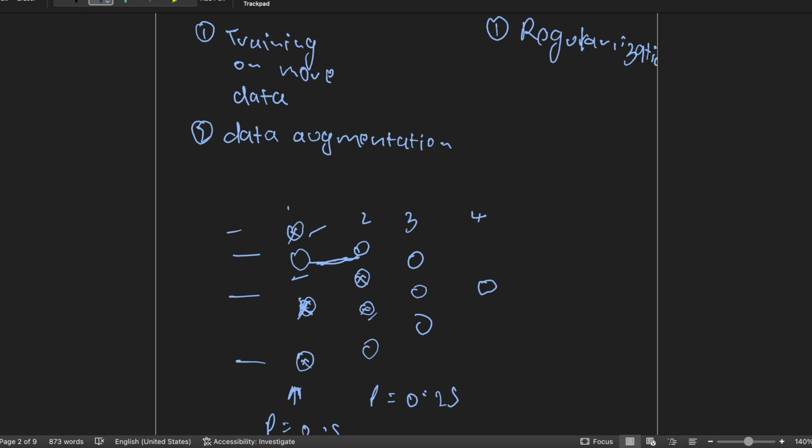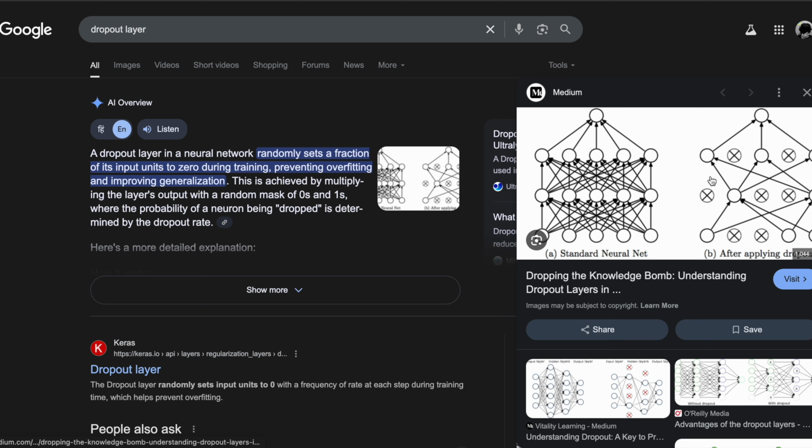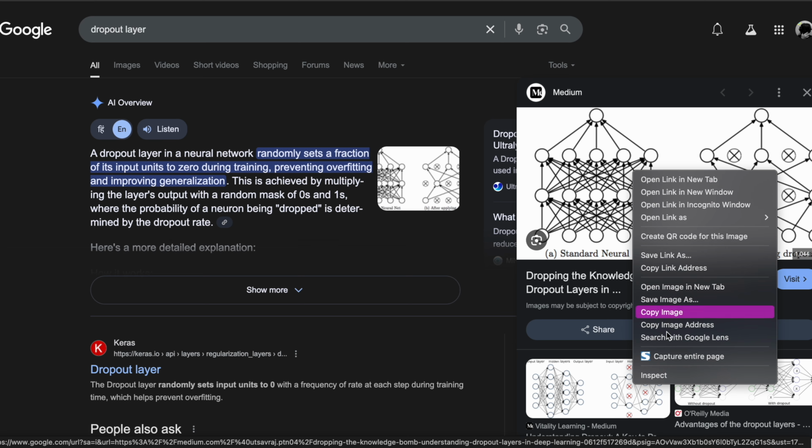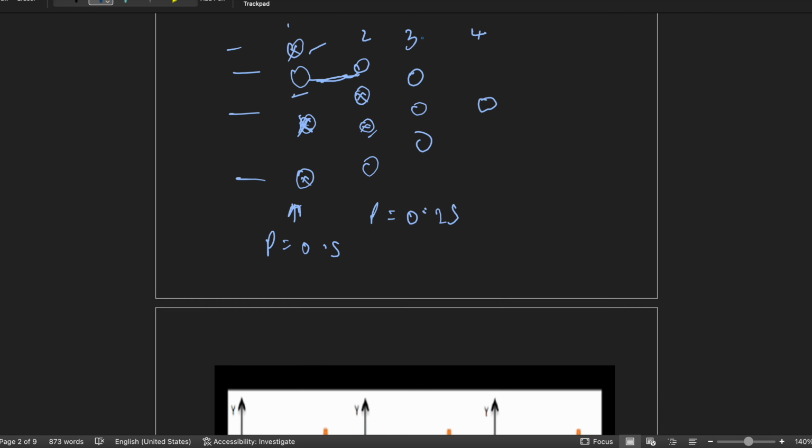Basically, they are not contributing to our neural network. So yeah, this is the diagram. Let me copy the image and paste it here.